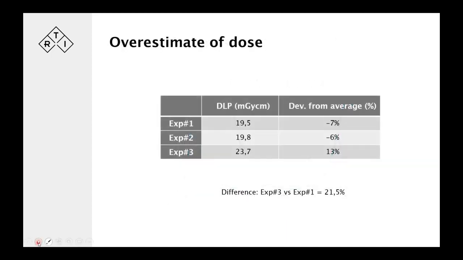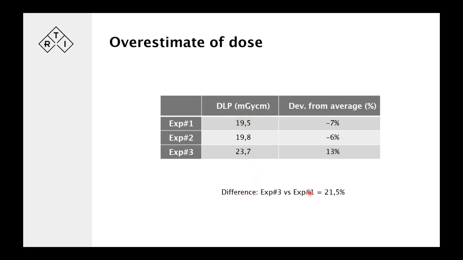Well, since we have contribution both from the position and the over rotation, probably, we see that we have 3 different values, these 3 consecutive scans. First one being 19.5, and then 19.8, and 23.7 milligray centimeters. That's the values that we've got.